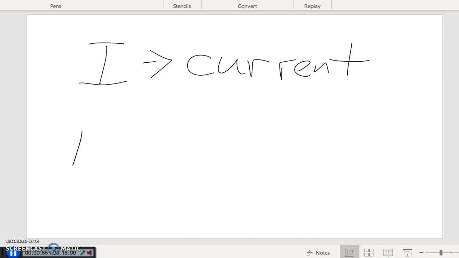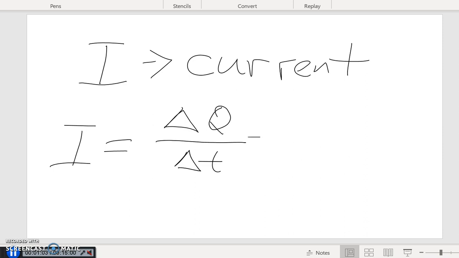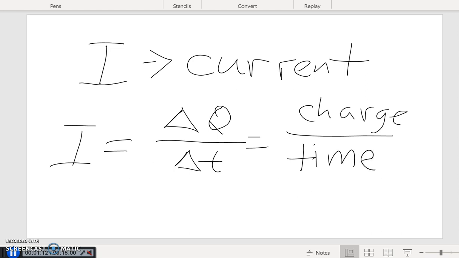And mathematically, we say that I is equal to delta Q over delta T, or charge per unit time. Now, a couple of things need mentioning right here.